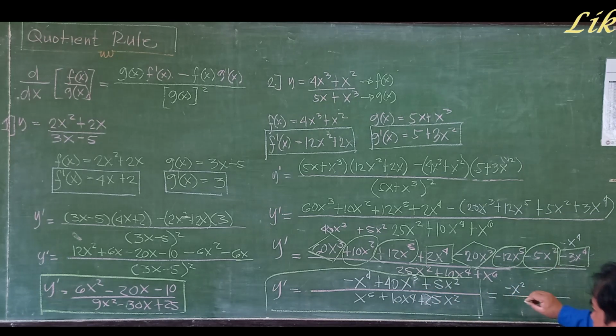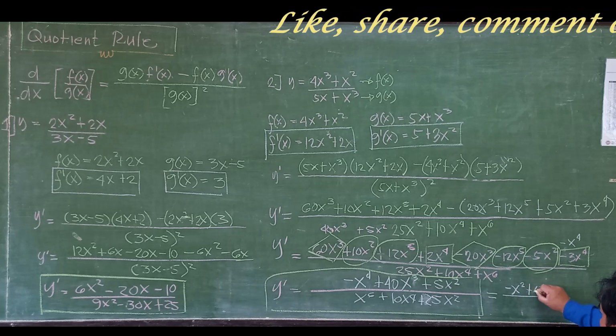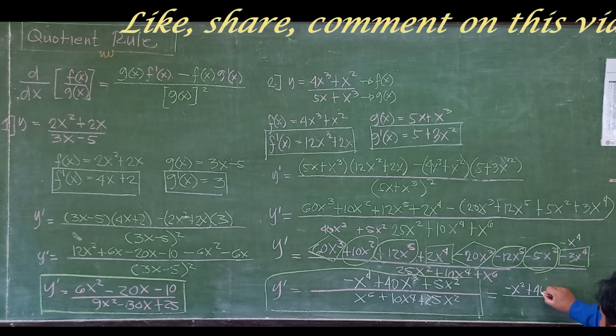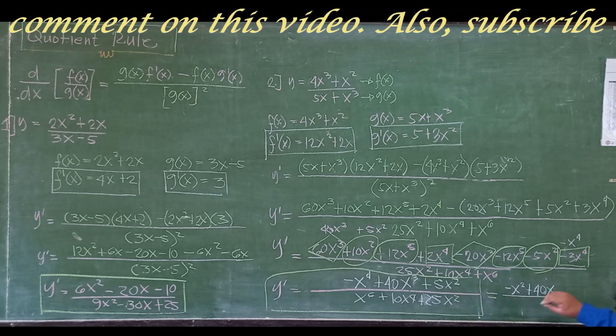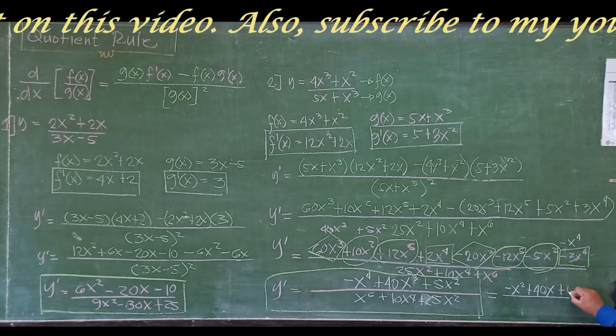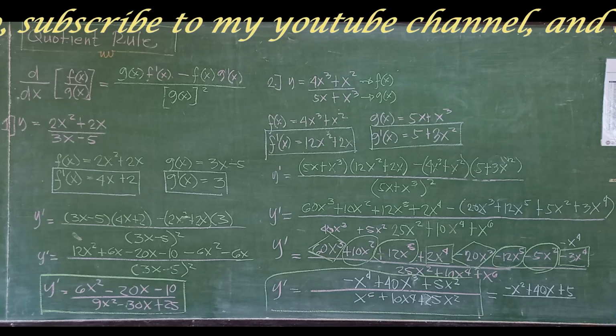How about this one? What remains is plus 40x. What remains in here? Plus 5 plus 5. Okay?